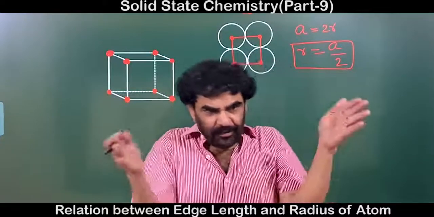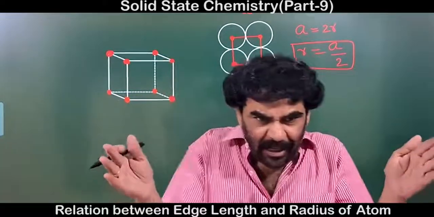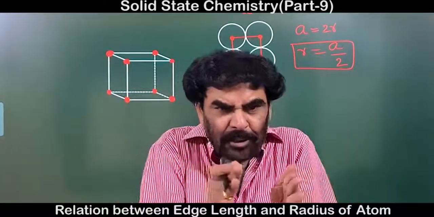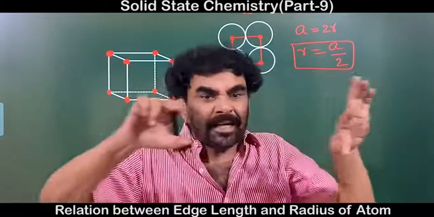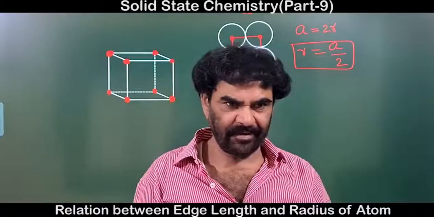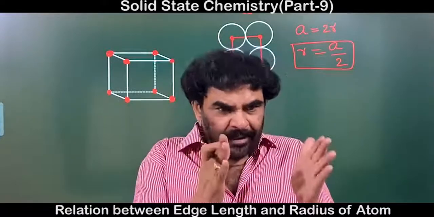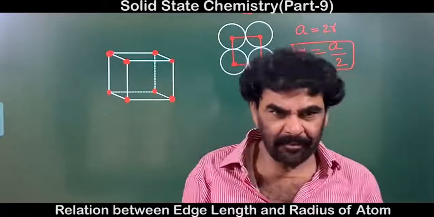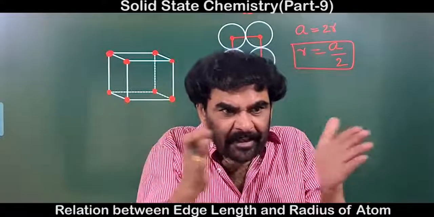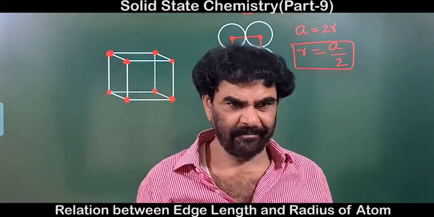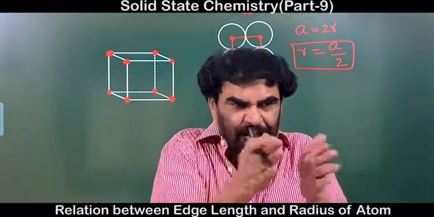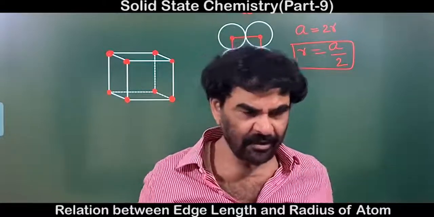I told you, in the formation of the crystal, the lattice points are very closely packed, that is, some of them are touching each other. In the simple cubic system, the corner atoms are touching each other.